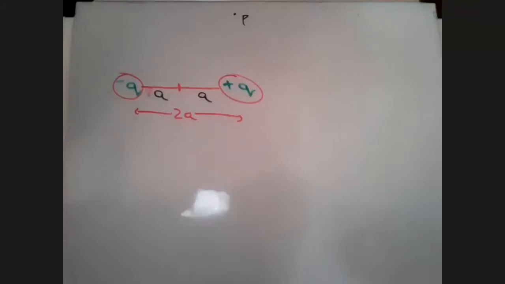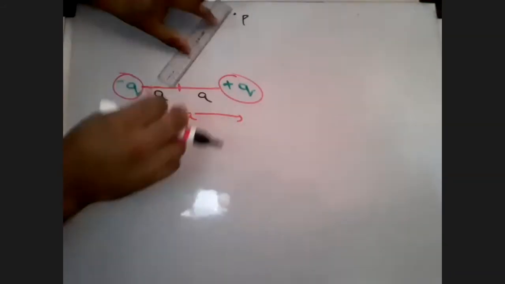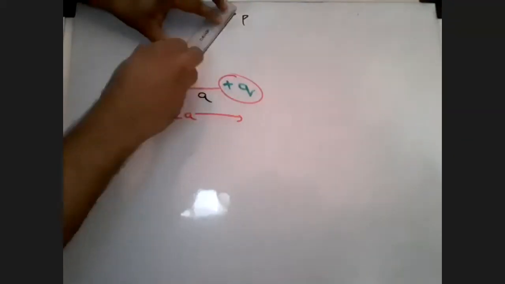Now, let me define some things for you all. Before we go ahead with this, let's say that there is a distance r, and that r is from this point to this point.